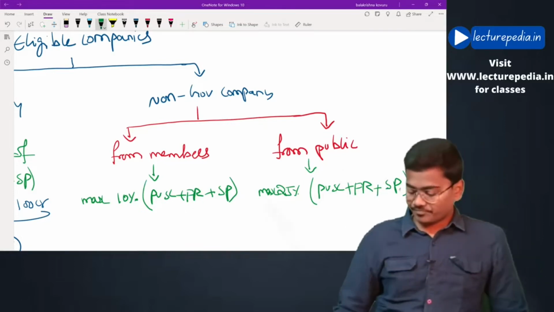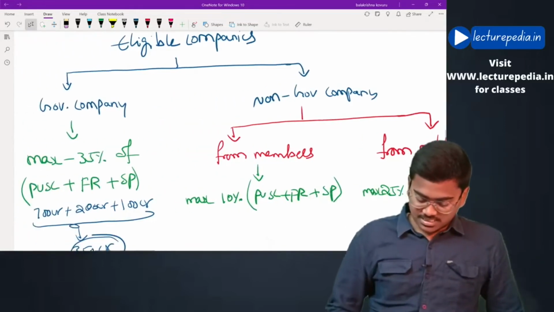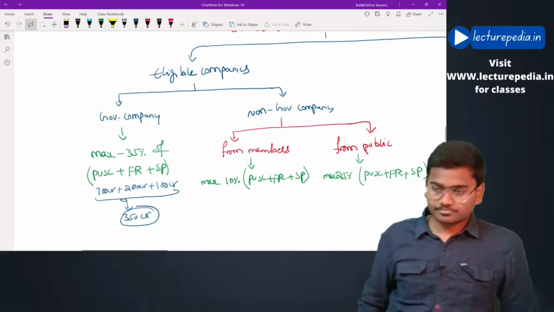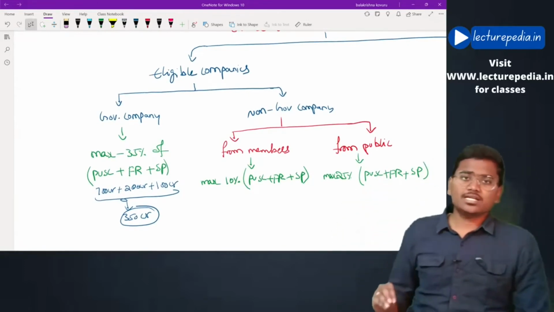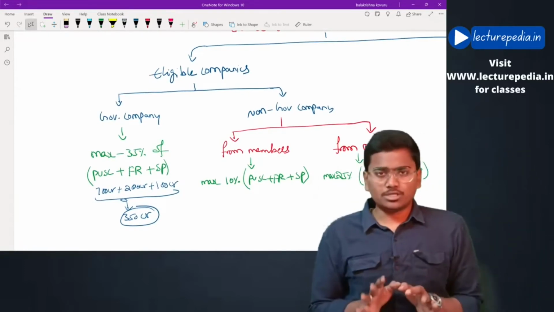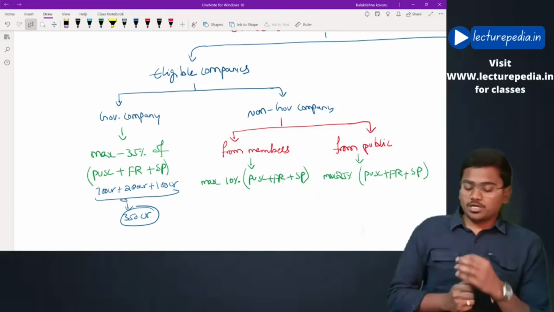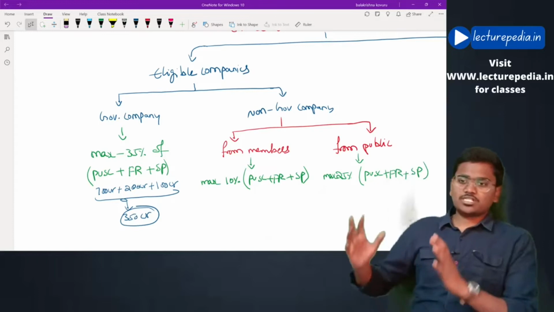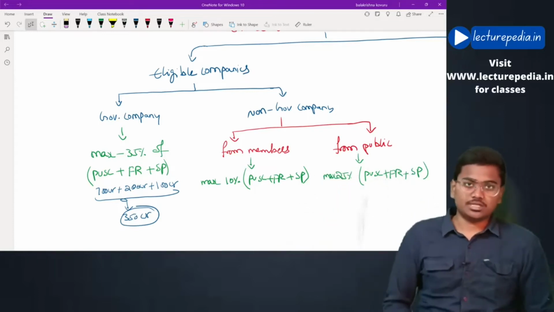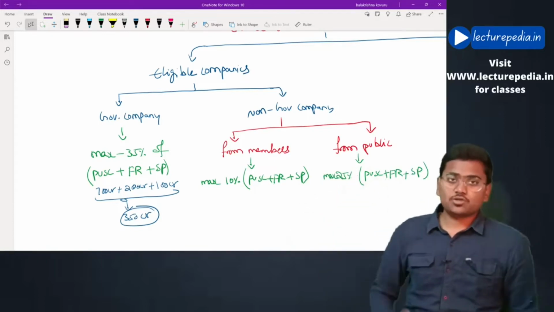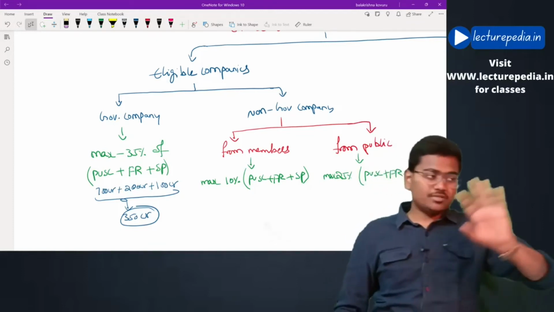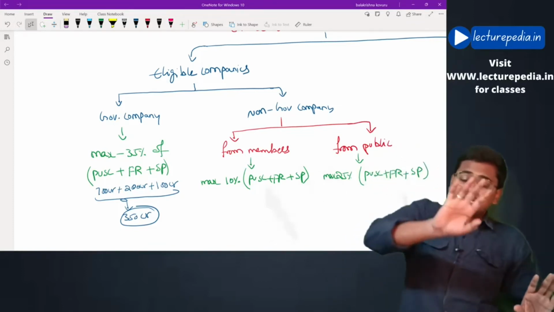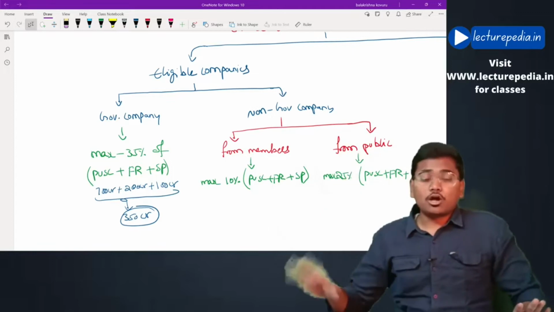Let us see this. You are determining the maximum amount of deposits that a company can raise. Now there is a separate limit for eligible and non-eligible companies. First of all we are seeing for eligible companies. In case of eligible companies, there is different limit for eligible government companies, there is different limit for eligible non-government companies.